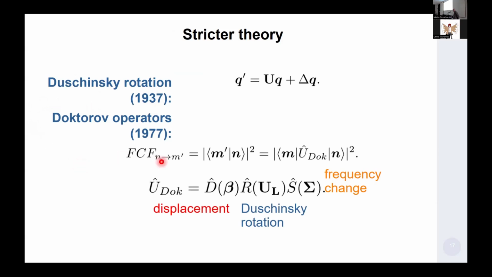They introduced the operator which relates the excited state vibrations to the ground state by a factorizable threefold operator. And they have all these three effects we were talking about: displacement, Dushinsky rotation, and what I call squeezing, but it's a frequency change. So you need to do all three.